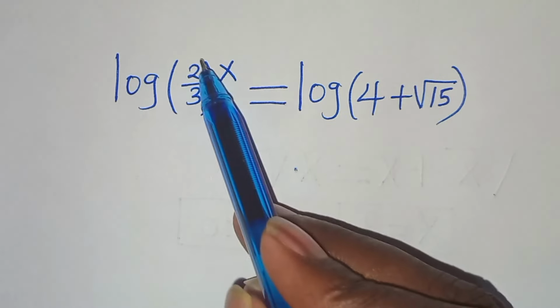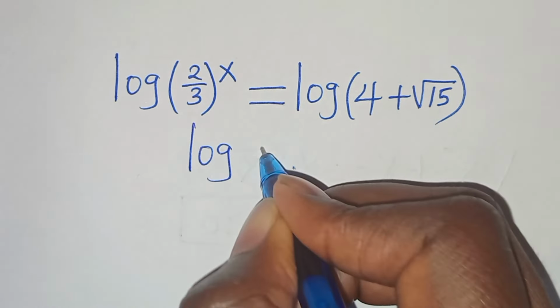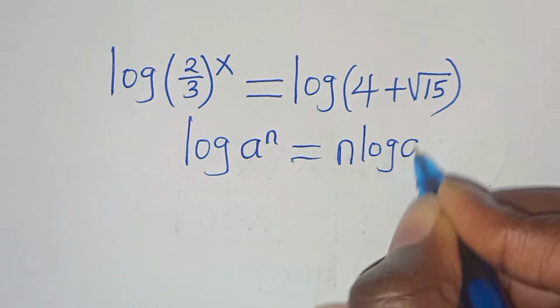So here we have log of (2/3)^x. This is in the form of log a^n, which we can express as n log a.